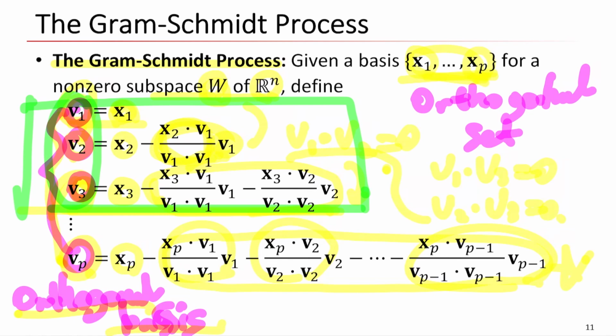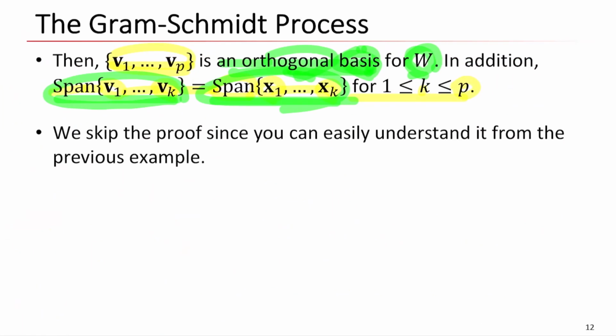So V1 through Vp is an orthogonal basis for the W, right? So this is the Gram-Schmidt process. In addition, span V1 through Vk is equal to span x1 through xk for k larger than 1 and less than p, right?